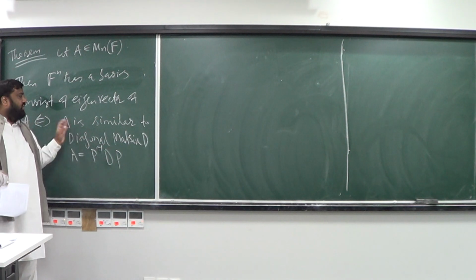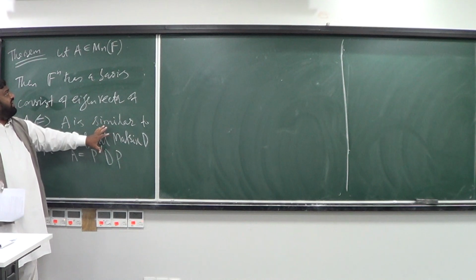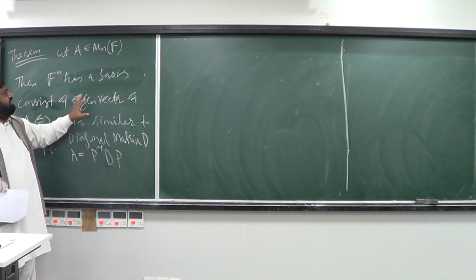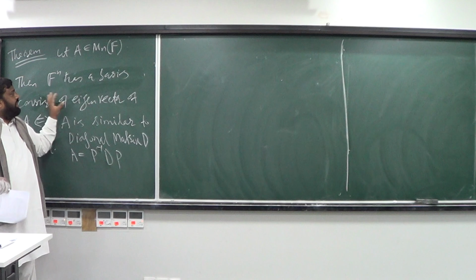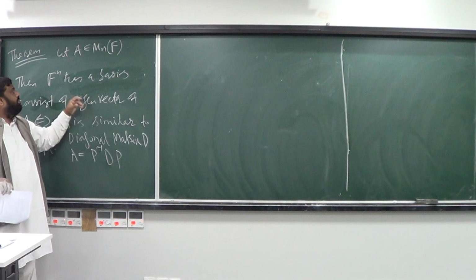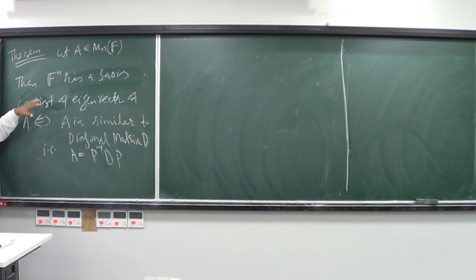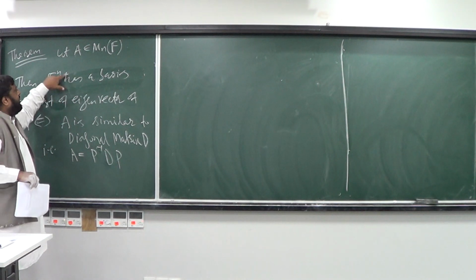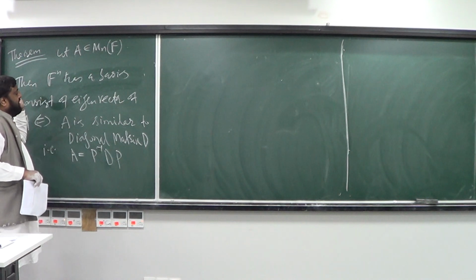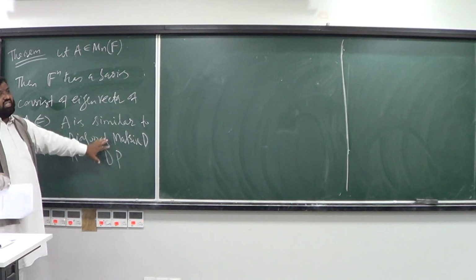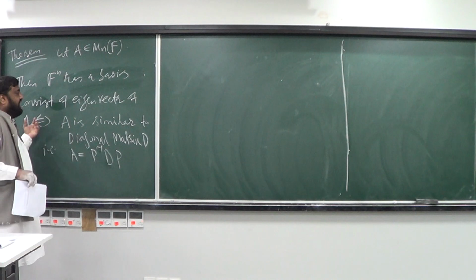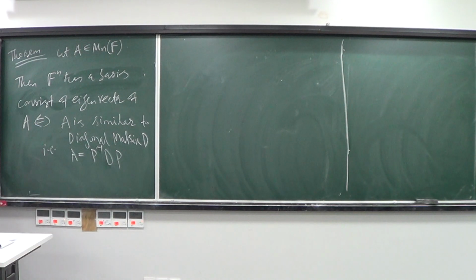So a matrix is diagonalizable if its eigenvectors comprise a basis for Fn. This is what the theorem is saying: if for a matrix the eigenvectors comprise a basis of Fn, then A is similar to a diagonal matrix. In other words, A is diagonalizable.